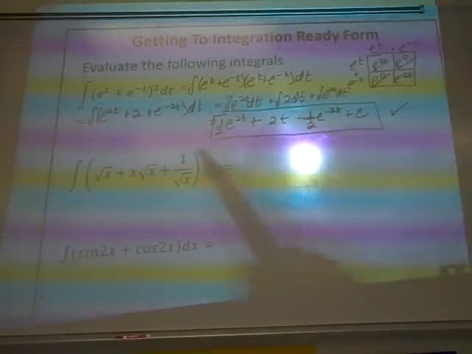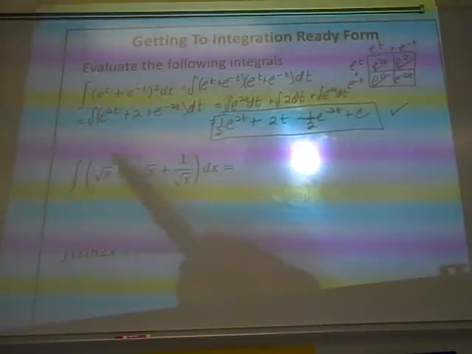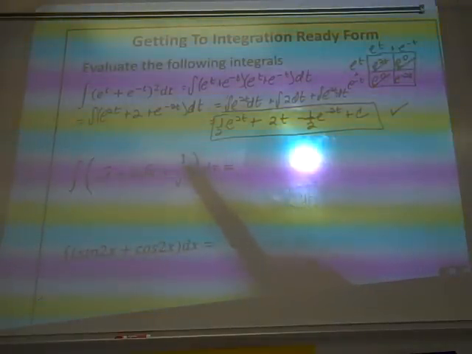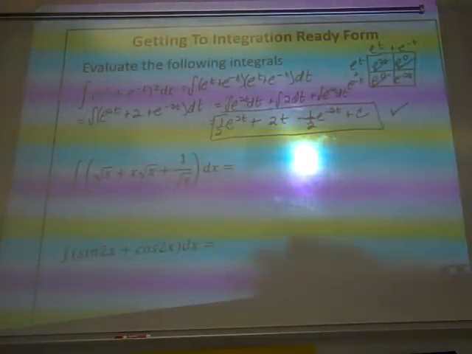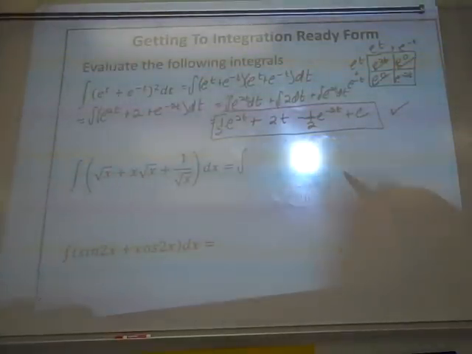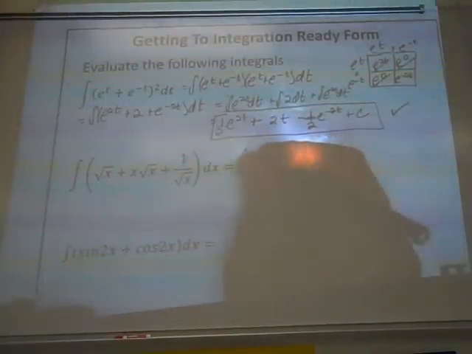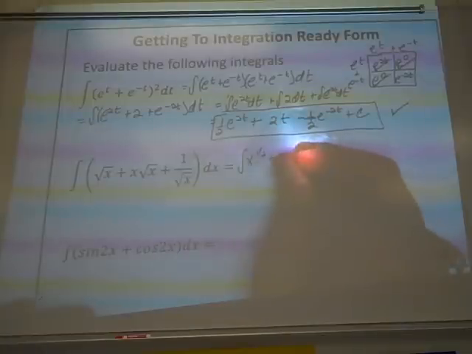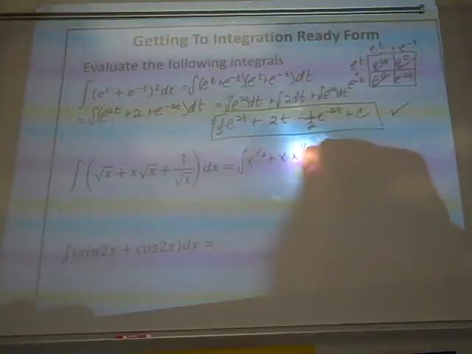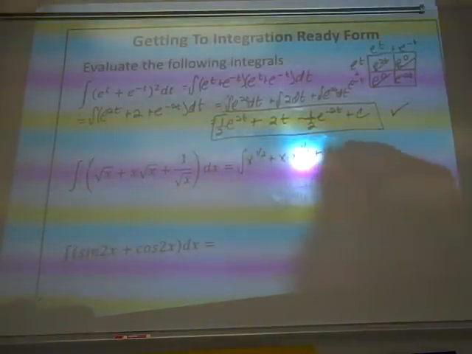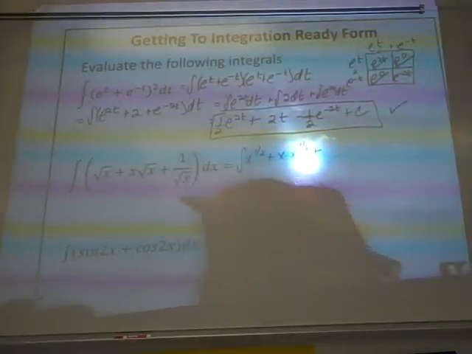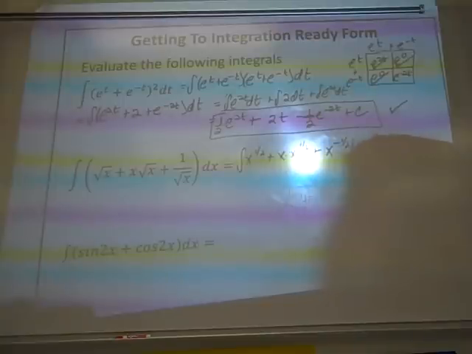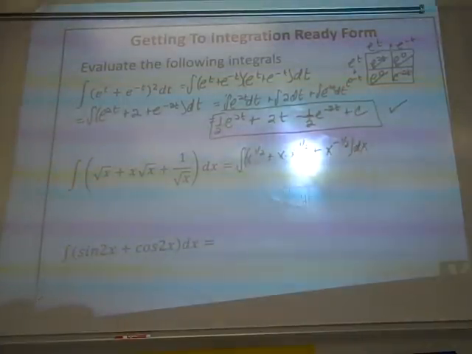All right, moving on. Now I need to take the antiderivative of the square root of x plus x square roots of x plus 1 over the square root of x. What I'm going to do here is use my algebra skills. Square root of x is the same thing as x to the 1/2, plus x times x to the 1/2, plus 1 over the square root of x, which is x to the negative 1/2 power.